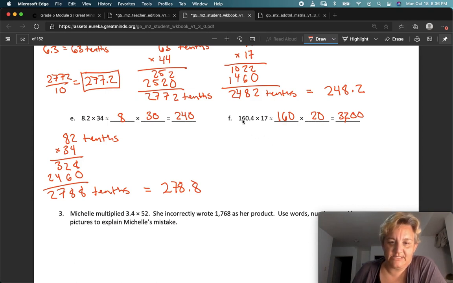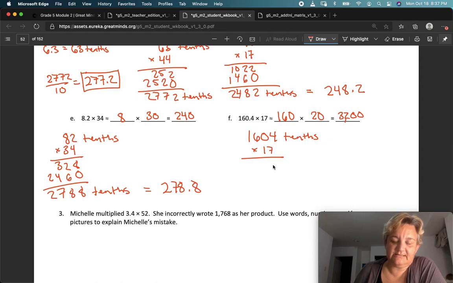And I'm going to turn this 160 and 4 tenths into 1,604 tenths times 17. 7 times 4 is 28, carry the 2. 7 times 0 is 0, plus 2 is 2. 7 times 6 is 42, carry the 4. 7 times 1 is 7, 8, 9, 10, 11.